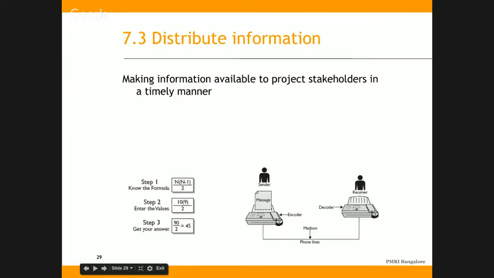In project management, we cannot just send an email and then say that my responsibility is over. It is up to us to ensure that the recipient got the message and understood the intended meaning. Otherwise, it will impact the project negatively.